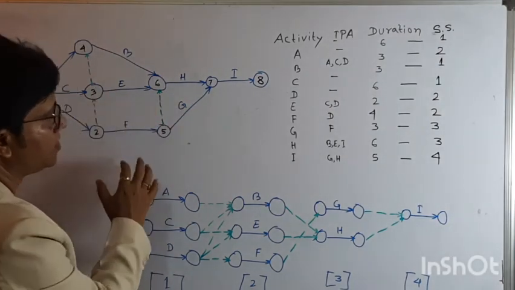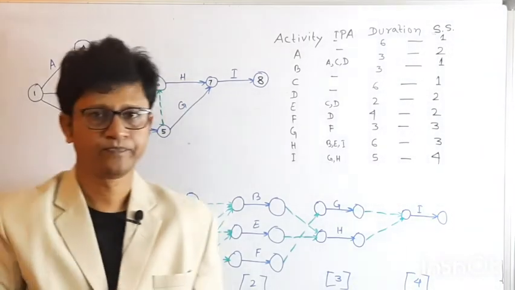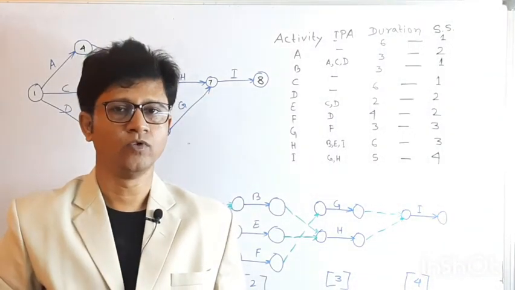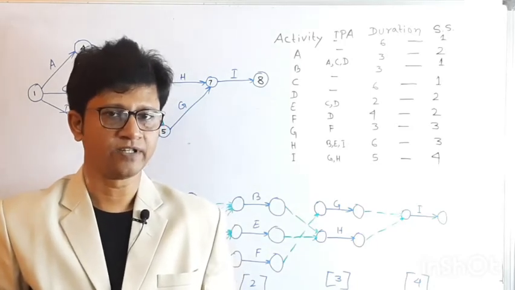From this network, we will go for the analysis to find out the slack, and from that slack we will find out the critical path and the critical activities.